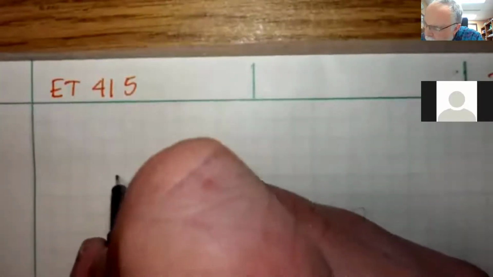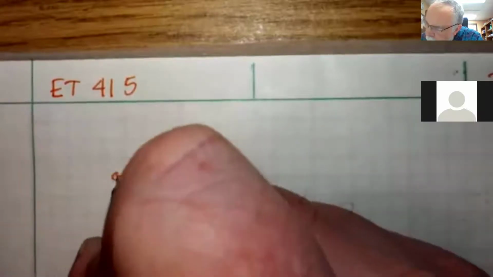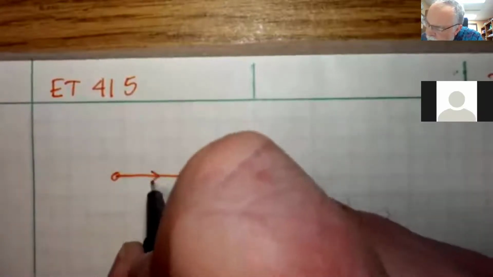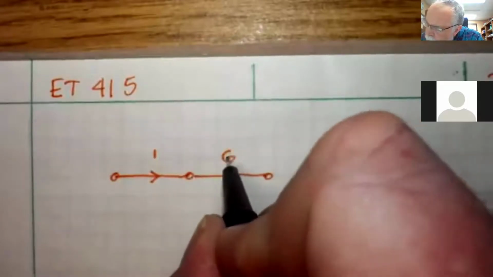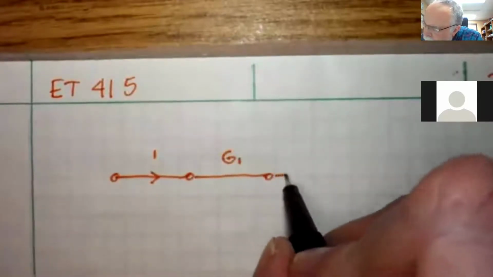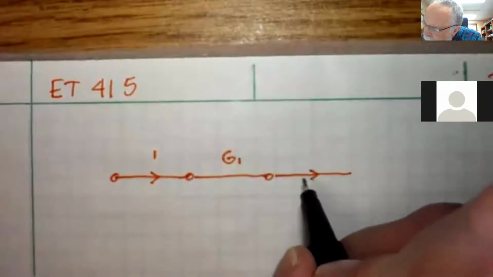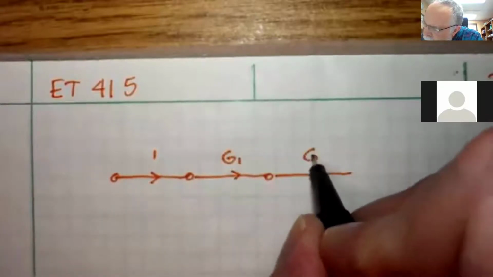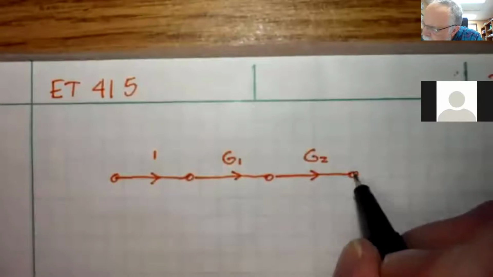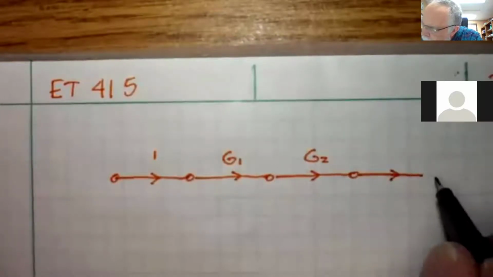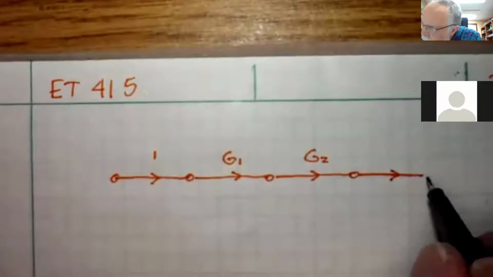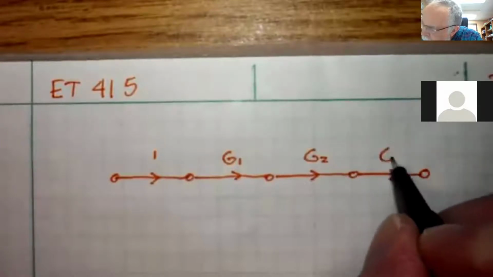So we'll have, let's make this a gain of 1. This we'll call G1, G2, G3.